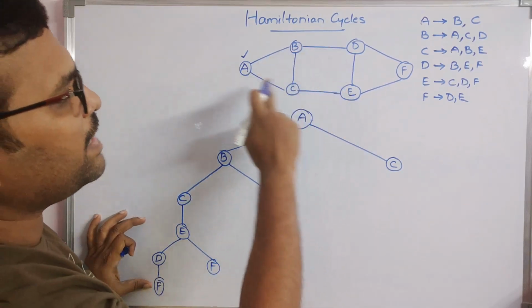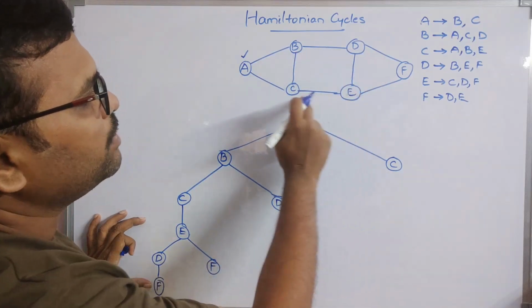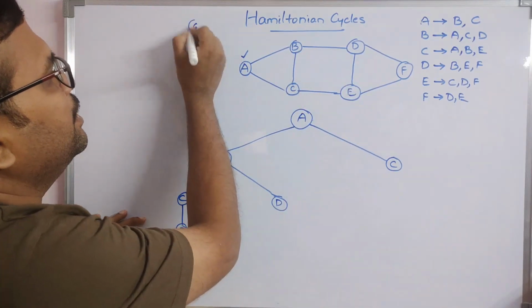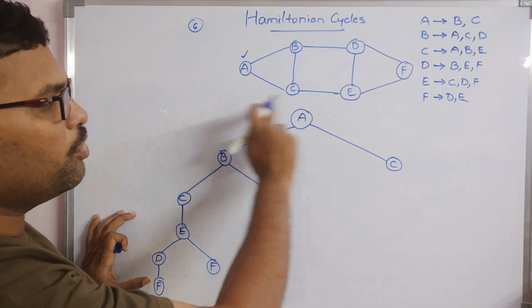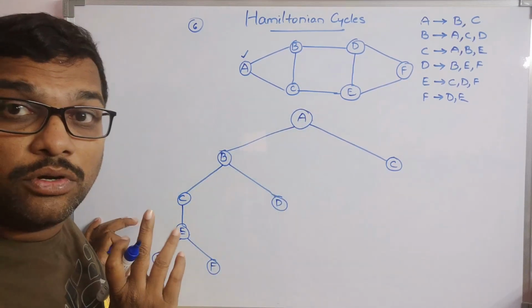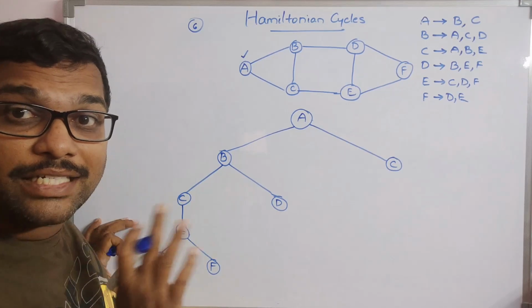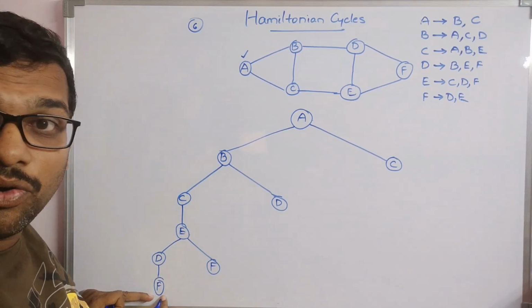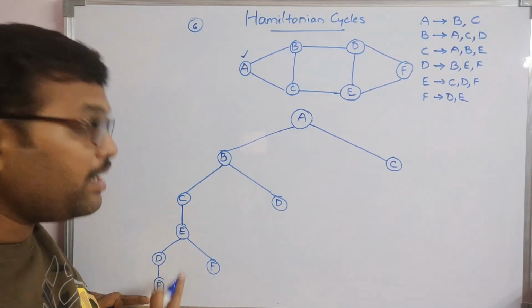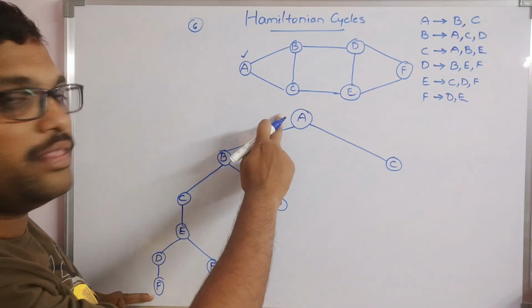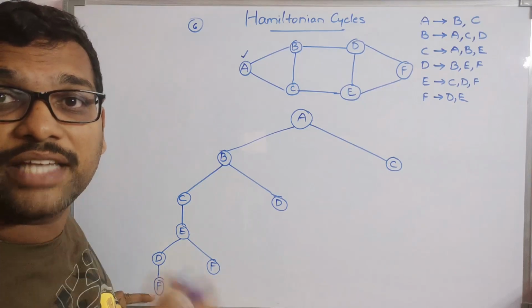How many nodes are there? 1, 2, 3, 4, 5, 6 nodes. All nodes have been visited. Here F is the last node visited, so we need to check whether there is an edge between F and A. Only then does it form a Hamiltonian cycle.